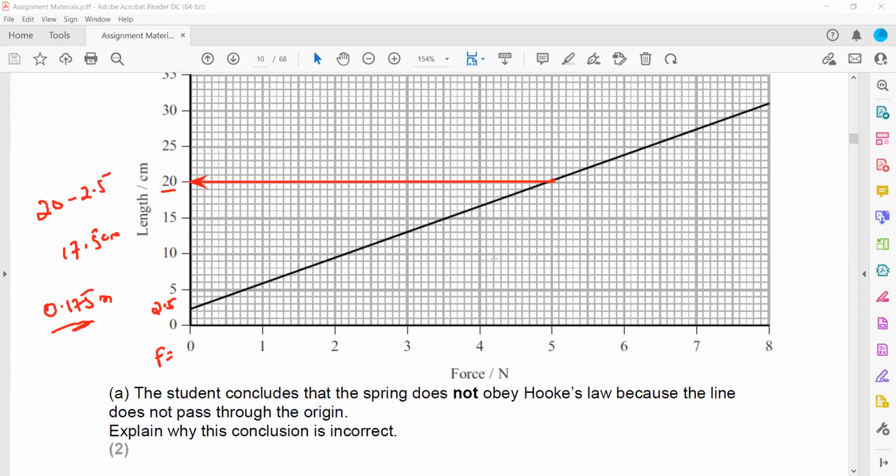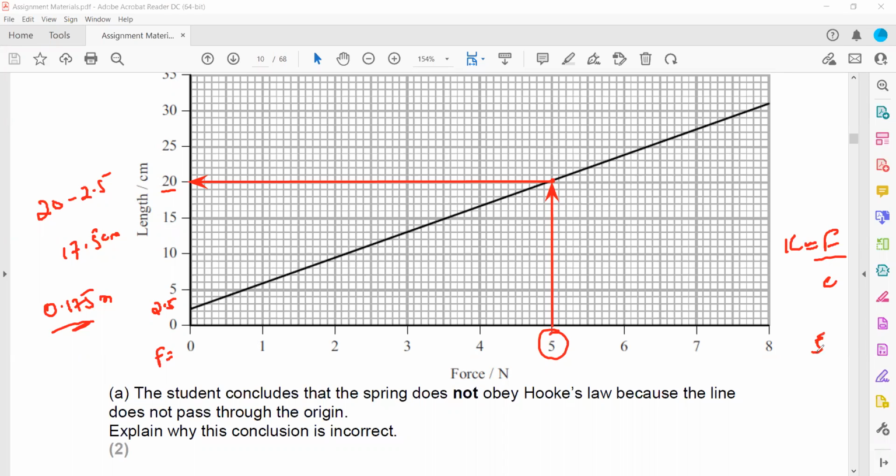And the force is 5. So that's the force 5 is there. To get the spring constant, k is equal to force divided by extension. You can represent extension by delta x or by e, normally they represent it by delta x.